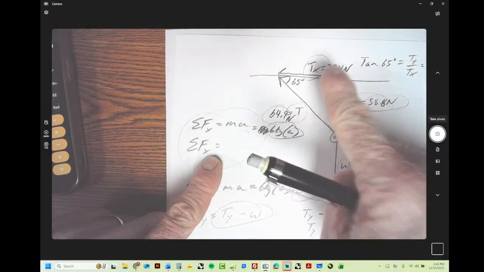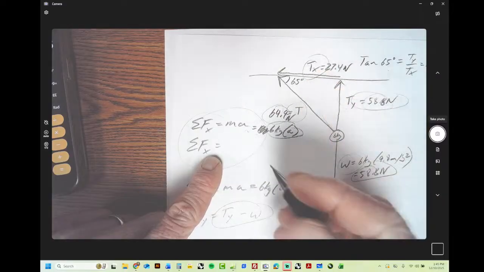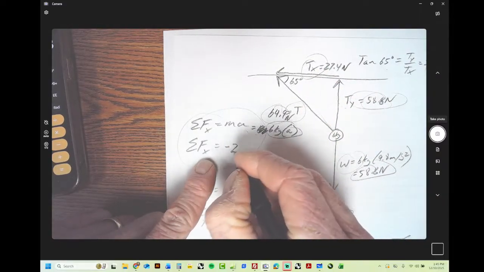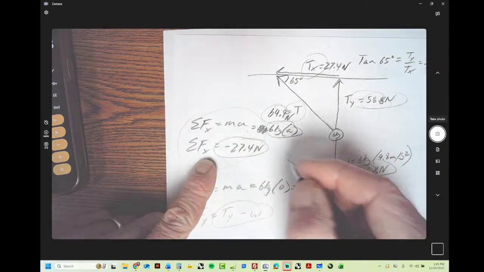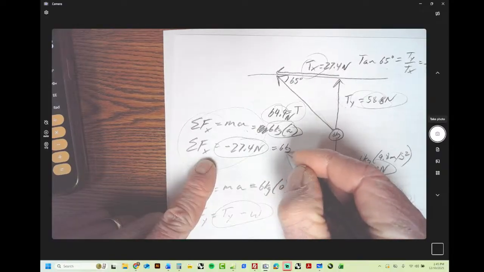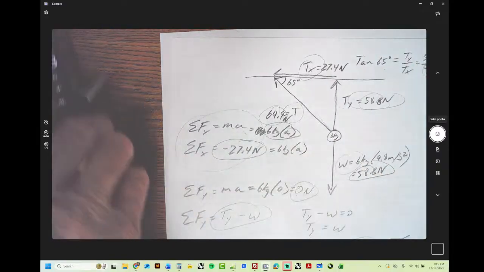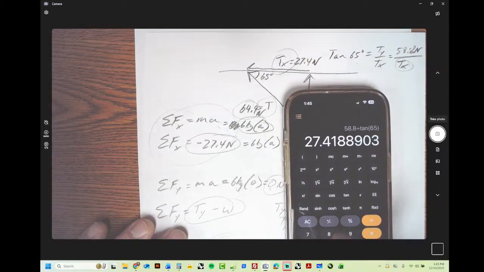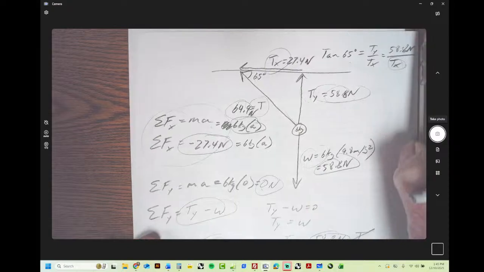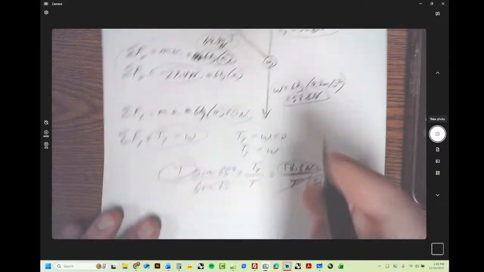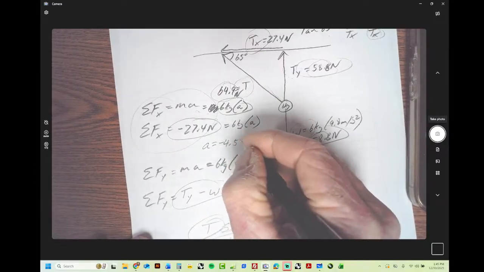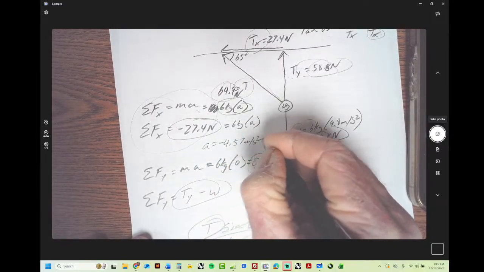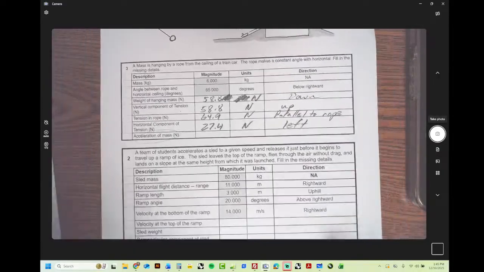There is only one, the only force in the x dimension, and it's negative 27.4 because it's to the left. So negative 27.4 equals 6 kilograms times a. So just need to divide by 6. Sorry, 4.57, which means 4.57 to the left.